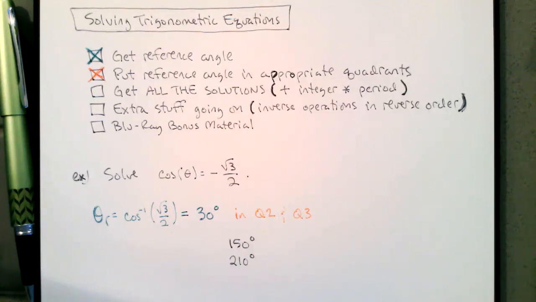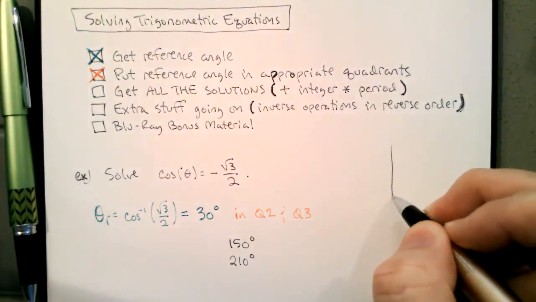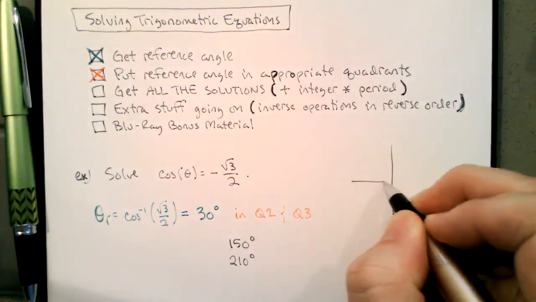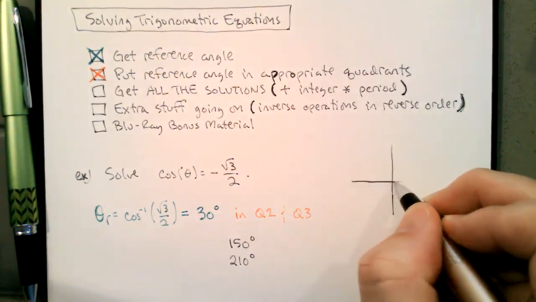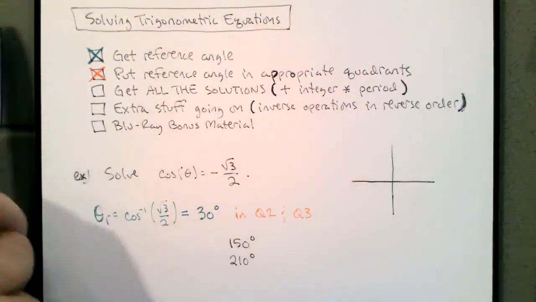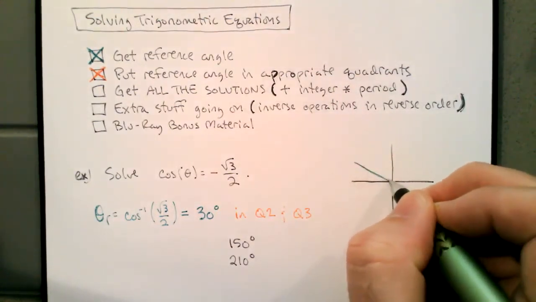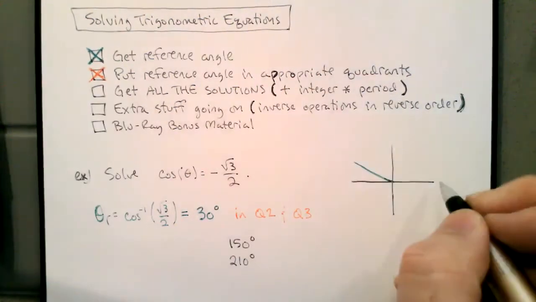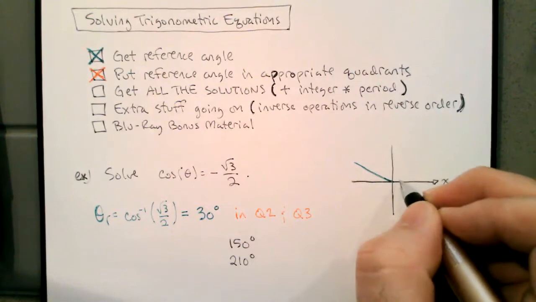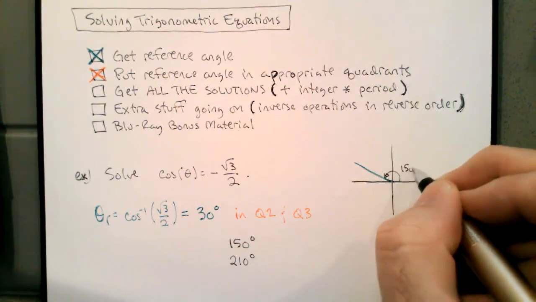So all we have to do now is take that 150 and get all the other angles that are coterminal with 150. So here's our angle 150. We have 30 degrees in quadrant 2. If we start at the positive x-axis and go up to the 150, that's 150 degrees.